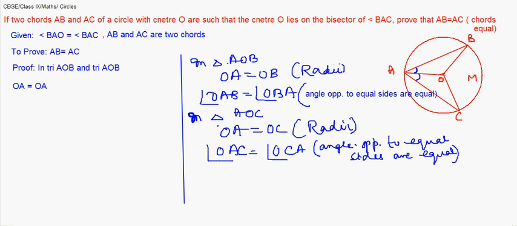It also informs that this line OA is the bisector of angle BAC. So we had already mentioned that angle BAO is equal to angle OAC. Therefore, angle OAB will also be equal to angle OAC.